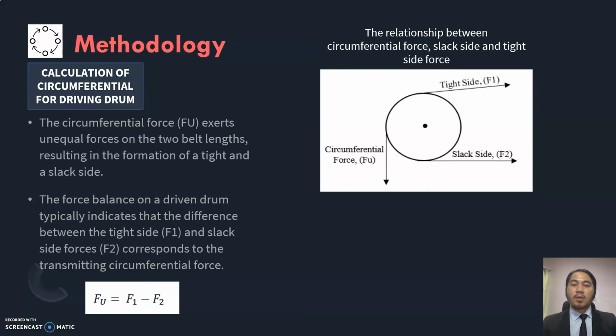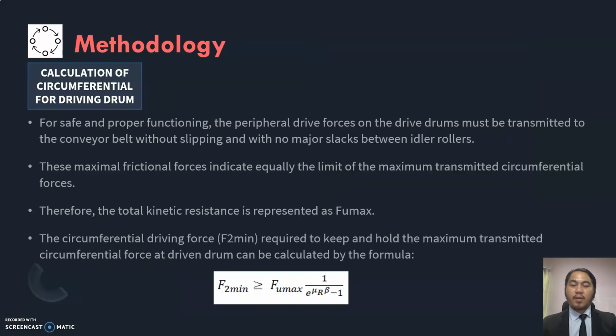The force balance on the driven drum typically indicates that the difference between the tight side F1 and the slack side F2 corresponds to the transmitting circumferential force. For safe and proper functioning, the peripheral drive force on the drive drum must be transmitted to the conveyor belt without slipping and with no major slack between endless rollers.